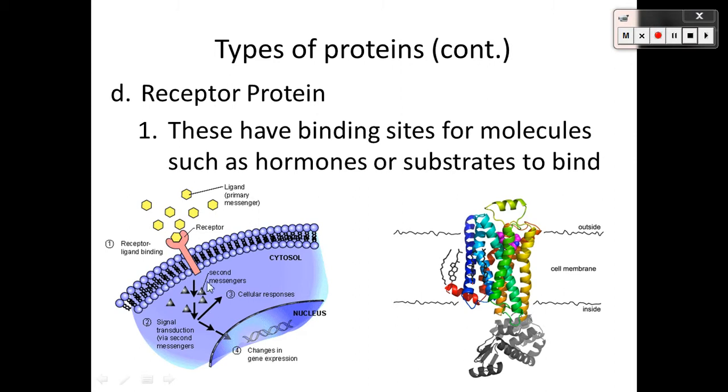So it's almost like it's sending a new message that says, hey, you need to do this job, or you need to do that job. And so these receptor proteins are really important. Now what happens after this little particle, or like you see in my picture it says a ligand, you don't really need to know specifically that word, but we'll just call it a particle. What happens after my particle binds and it's all done?